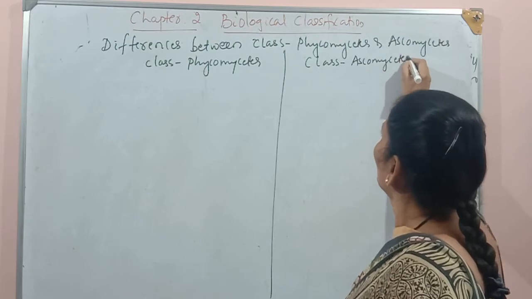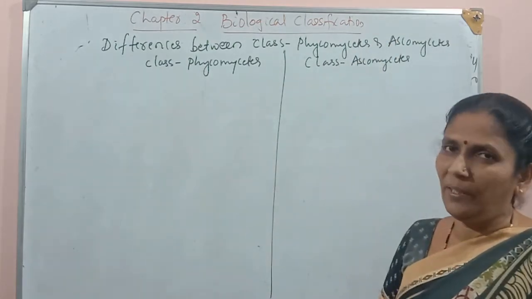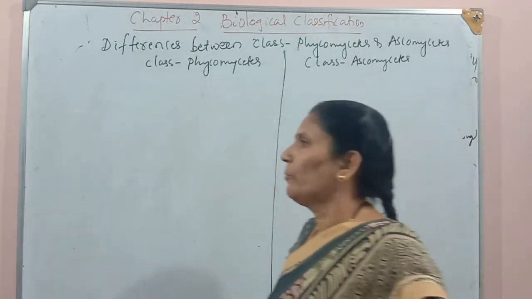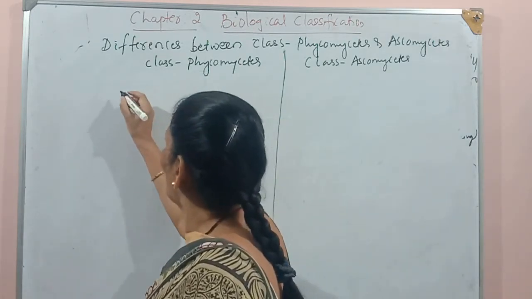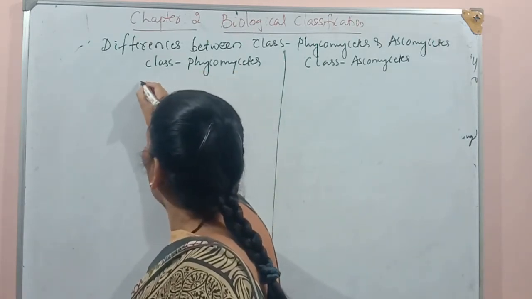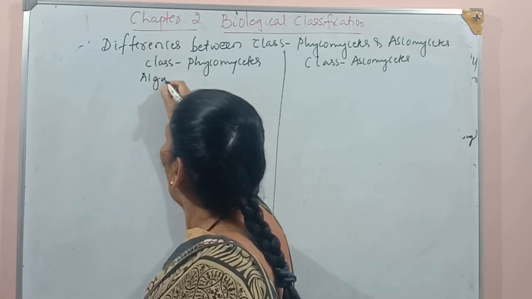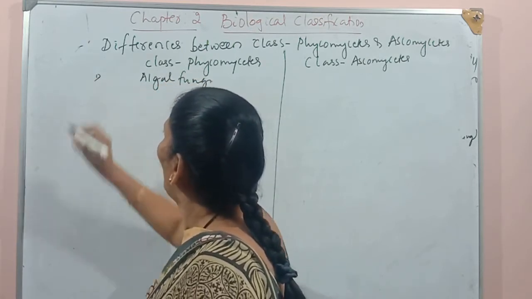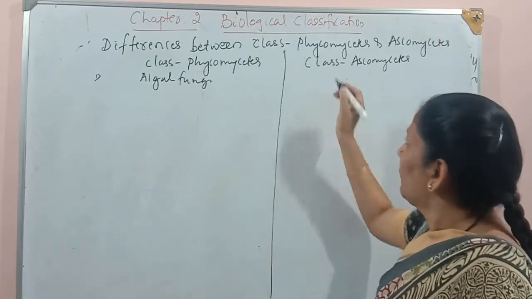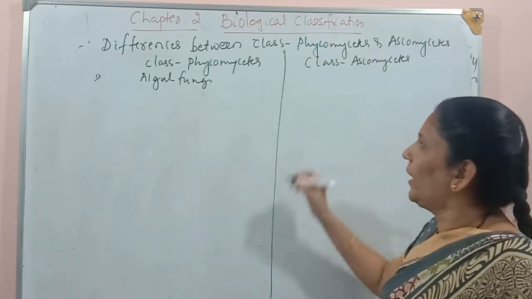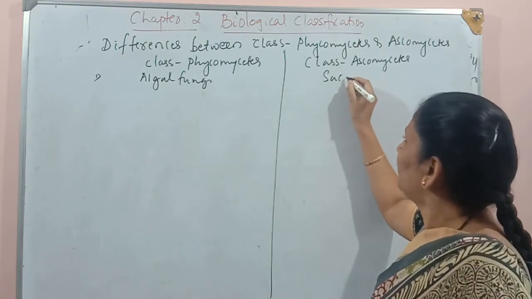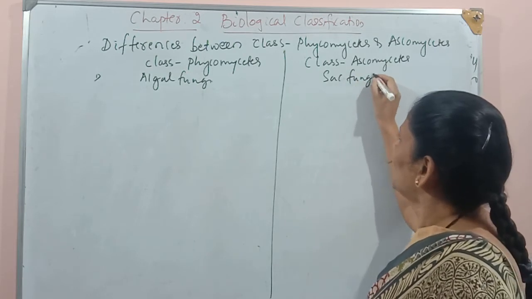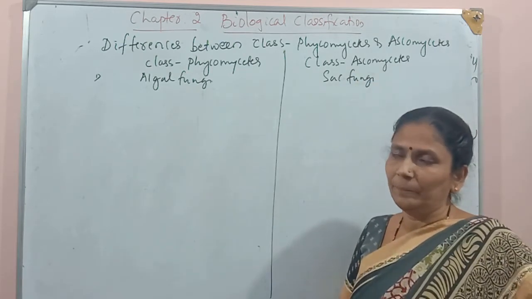The first difference is the common name. Phycomycetes is commonly called algal fungi, whereas Ascomycetes are called the sac fungi.